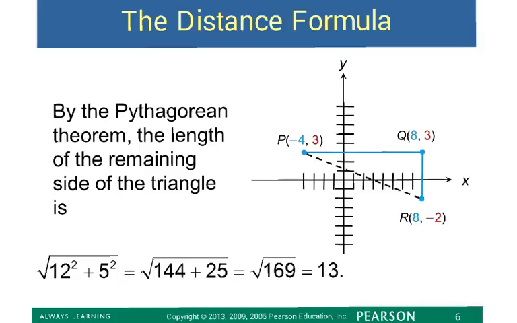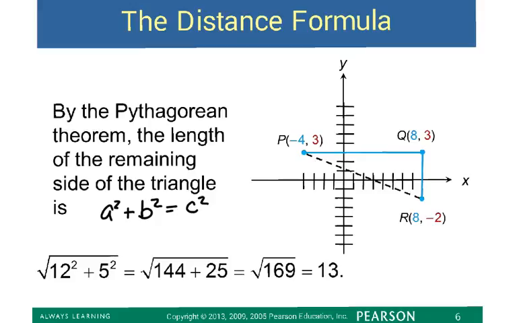And then, by the Pythagorean theorem, because this is a right triangle, we can come up with the distance of PR. We ended up with 12 for our horizontal length, 5 for our vertical length. So, remember, Pythagorean theorem is a squared plus b squared equals c squared.